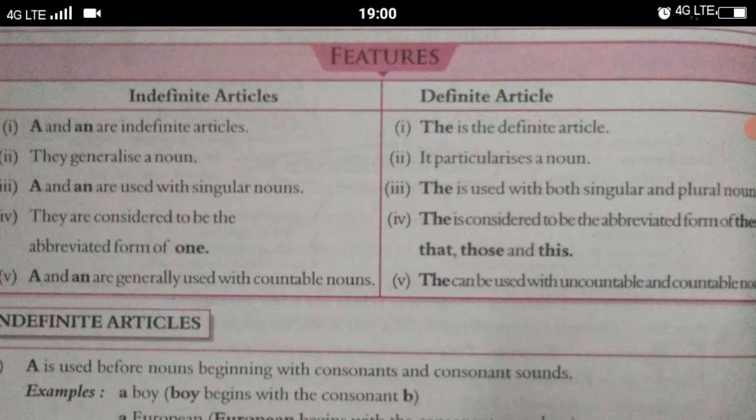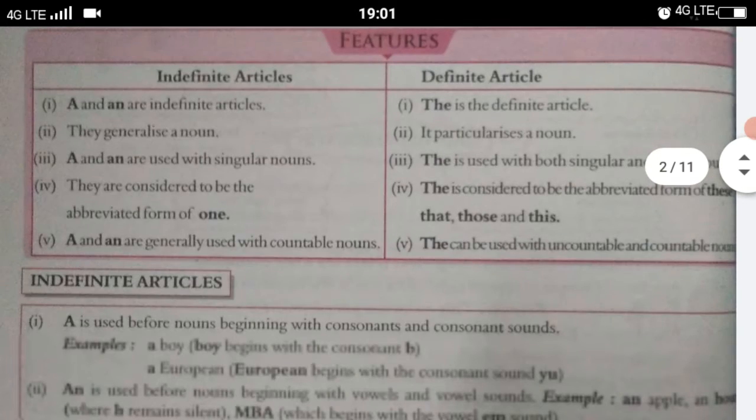A and an are considered to be the abbreviated form of one, but the is considered to be the abbreviated form of this, that, these, those. A and an are generally used with countable nouns. The can be used with uncountable nouns and countable nouns.